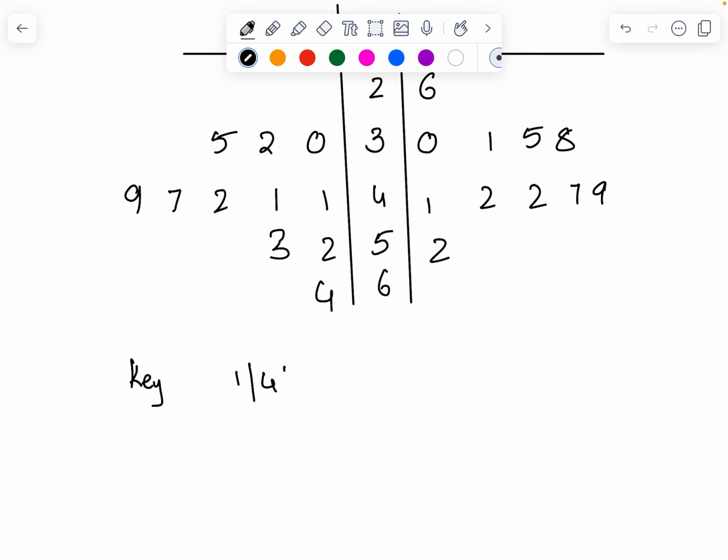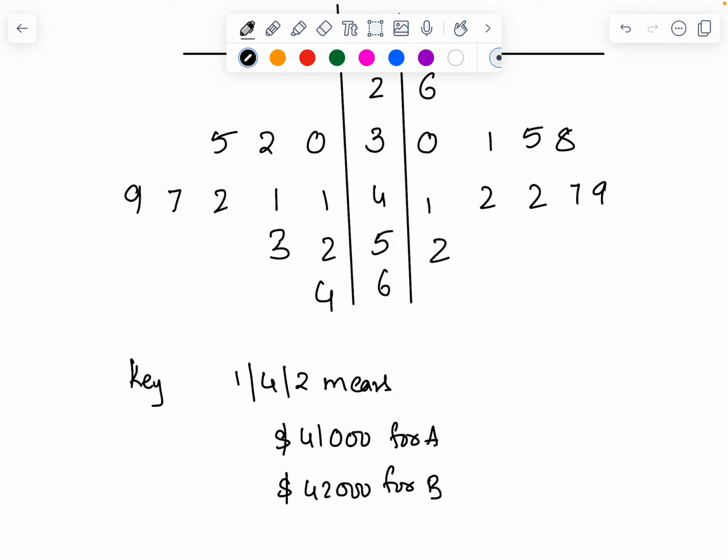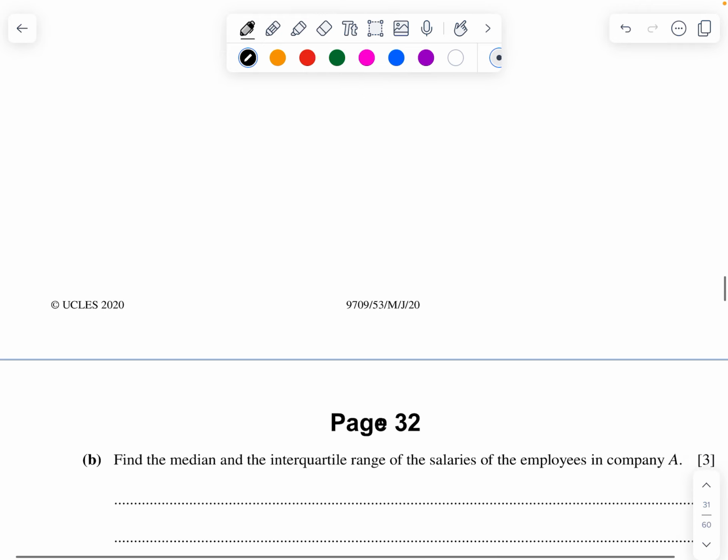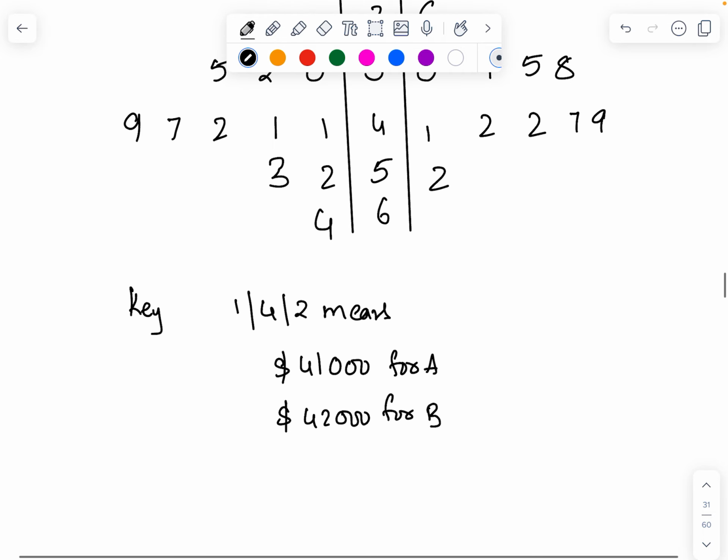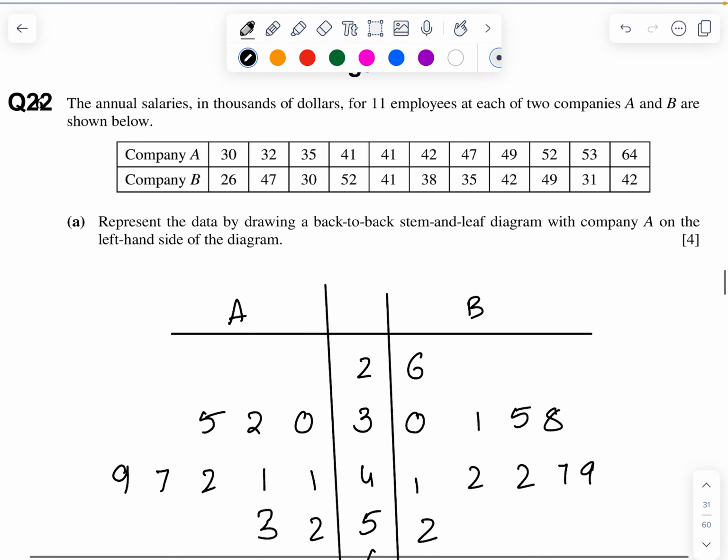Key is 1|4|2 means 41,000 for A and 42,000 for B. Then that is the stem and leaf diagram for A and B together.